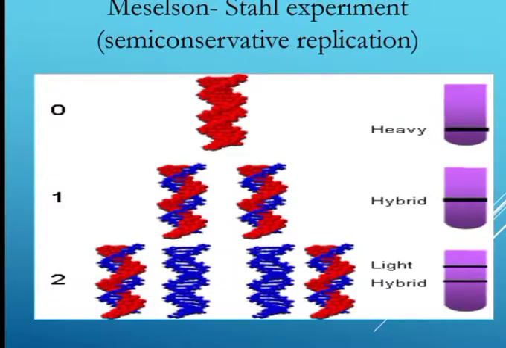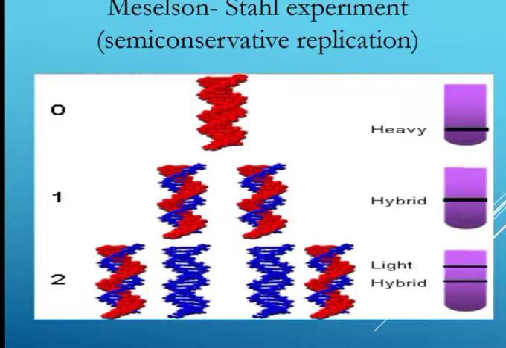Now, experimental proof for replication of DNA. Matthew Meselson and Franklin Stahl in the year 1958 conducted an experiment with Escherichia coli to prove that DNA replicates semi-conservatively.